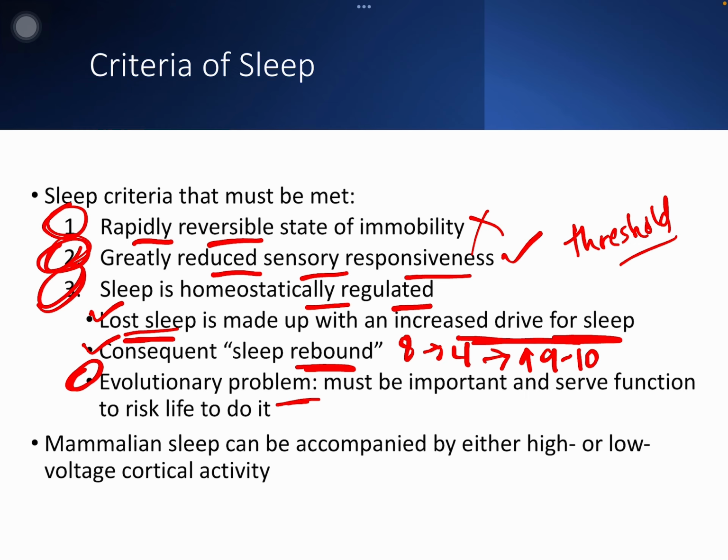And when it comes to looking at mammals sleeping, right? Sometimes we're going to see a change in cortical activity, right? We're going to see a voltage change. But sometimes we see sleep being a high voltage change from wakefulness, or sometimes we see it as being a low voltage change from wakefulness. And this can get very confusing depending on which organism you're talking about, and can get kind of frustrating because you would want to say, well, if you have reduced brain activity, then that would probably fall in line with criteria number 2.